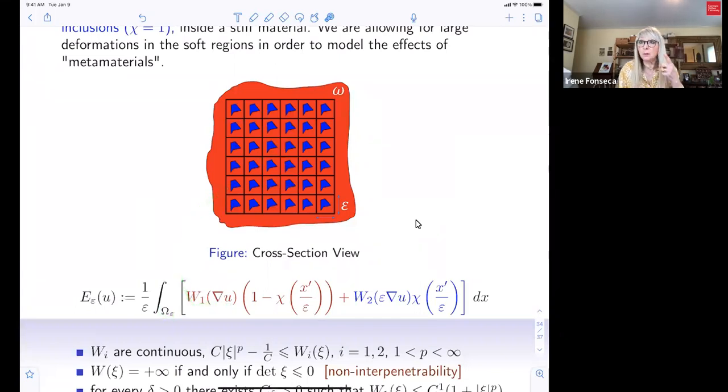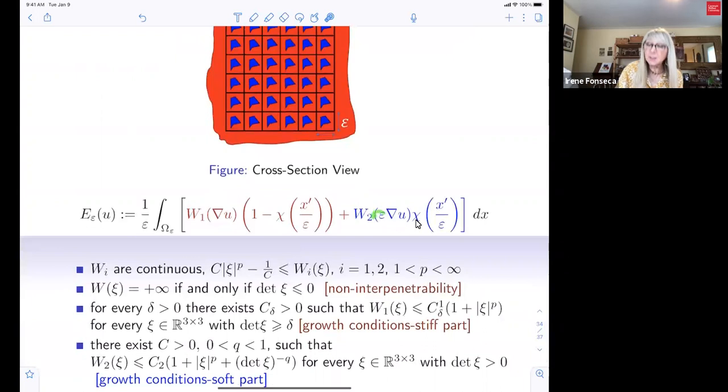When chi is 1, you are in the soft inclusion, you have the blue, and because it's soft, you can have a huge strain there, basically, right? You can afford, because I'm multiplying by epsilon. So I can afford a huge strain there, okay? Because this compensates.